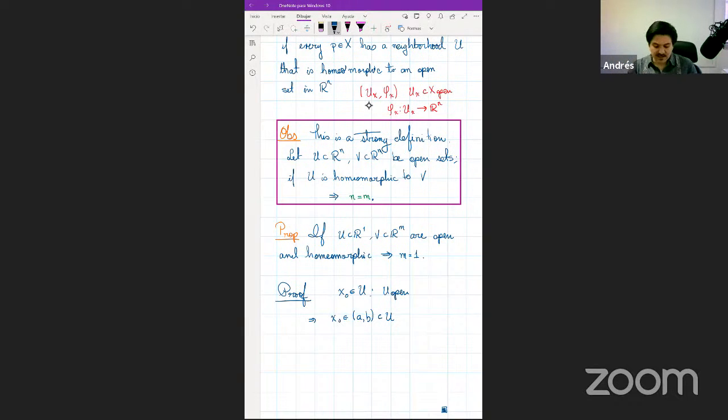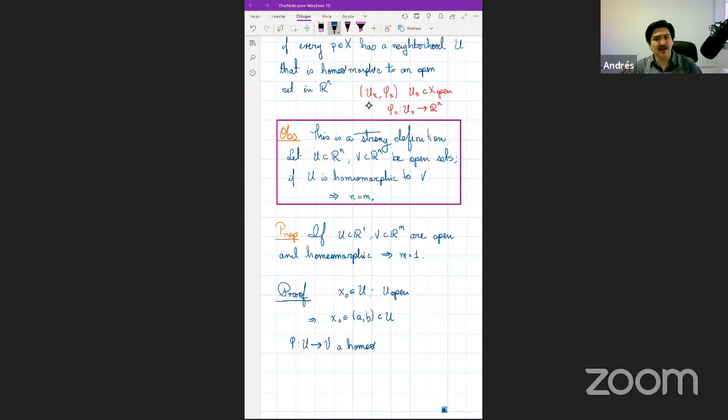Now, you have a homeomorphism between U and V. Right?